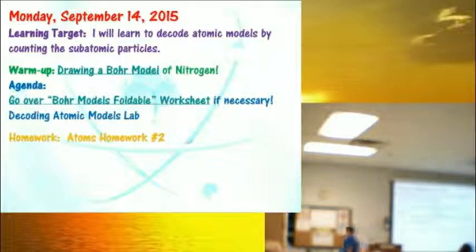It's not glued down yet. Like this one. Okay, we're doing nitrogen. Where's your foldable from Friday? This here says how to do it. You're not supposed to be drawing circles in there.